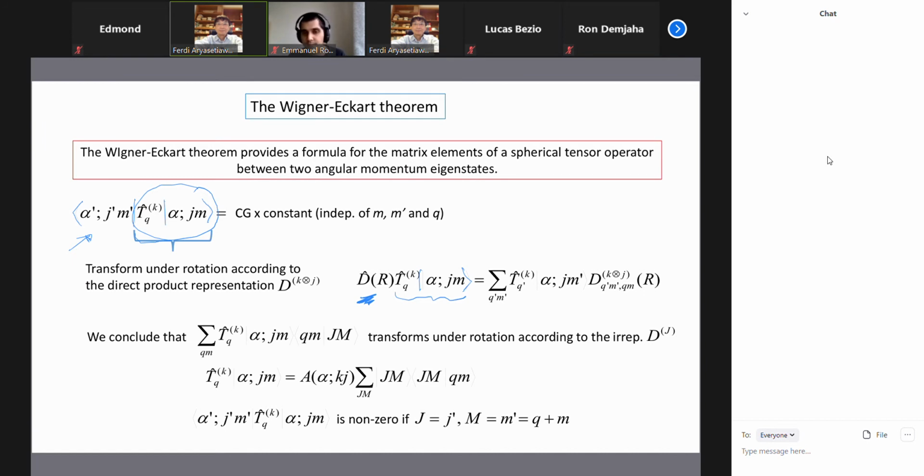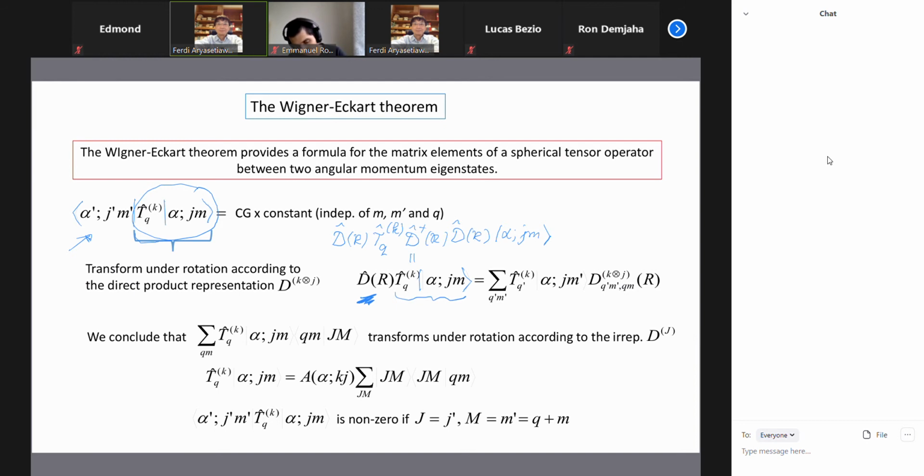Then we can do the following. So we have dr, dk, q, and we can insert the unit operator as usual. That's the usual trick. So this is the same as this thing here.